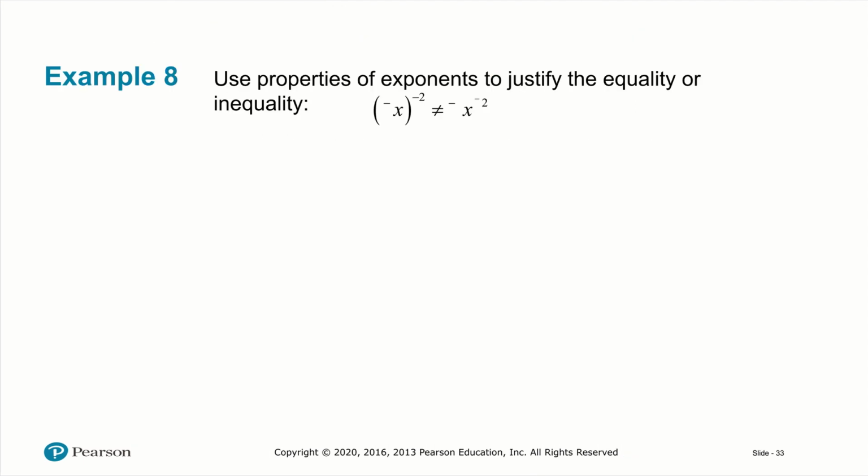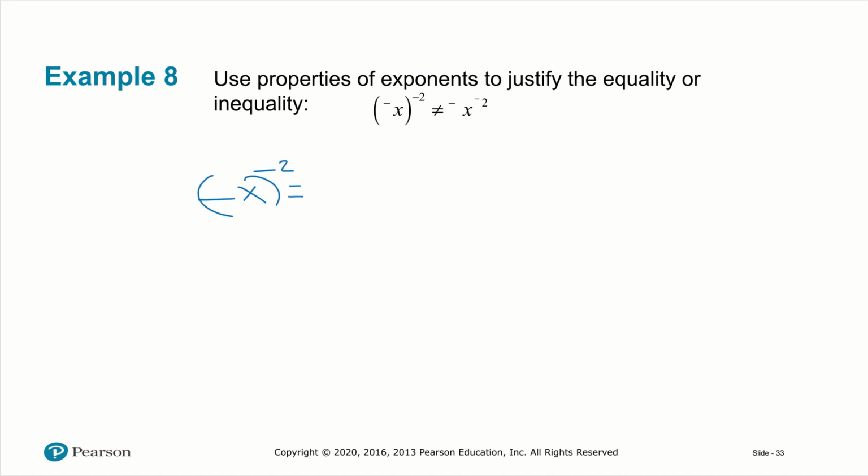All right, so here we want to use the laws of exponents to show why this expression is not the same as this expression. So what we're going to do is basically work them out separately and show that they're not the same thing. So let's start with negative x to the power of negative 2.